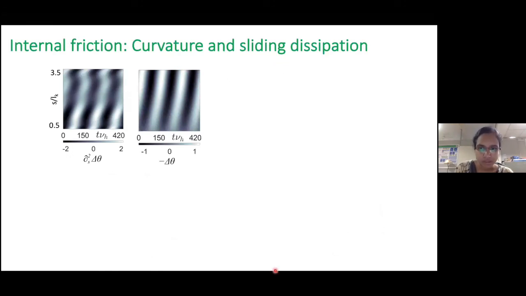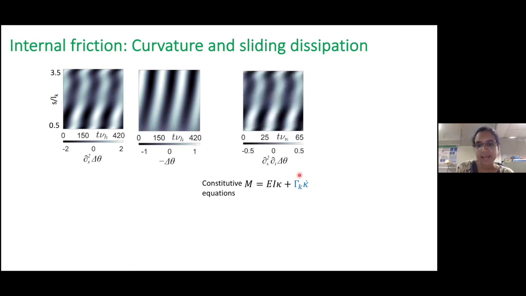So here are the additional friction terms that will go in my constitutive equation. I'll have a curvature friction, and I can plot it by using the curvature friction coefficient of the microtubules.